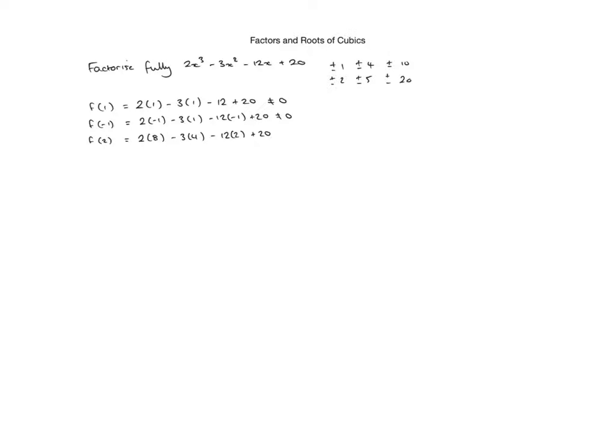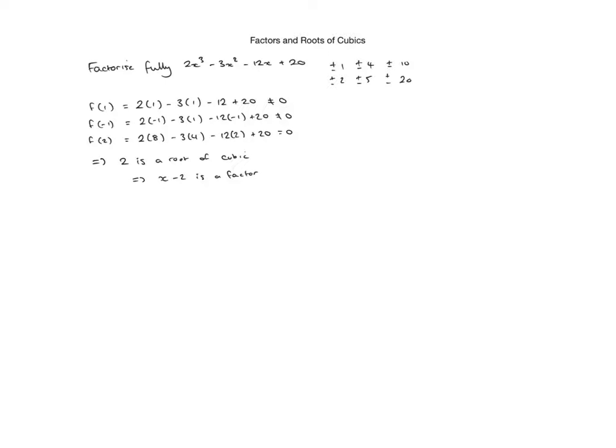Minus 20 plus 20 is equal to 0. So we now know that 2 is a root. So this implies that 2 is a root of the cubic equation at the top there, which means, or implies, that x minus 2 is a factor, down to the factor theorem.